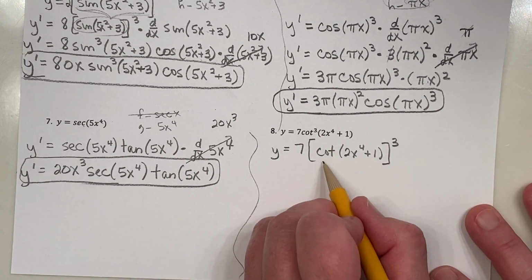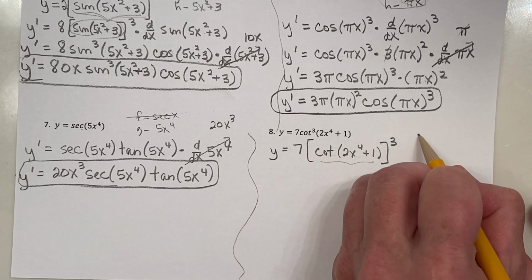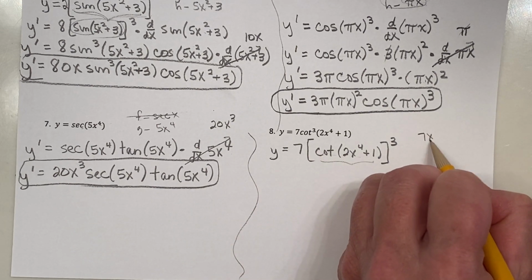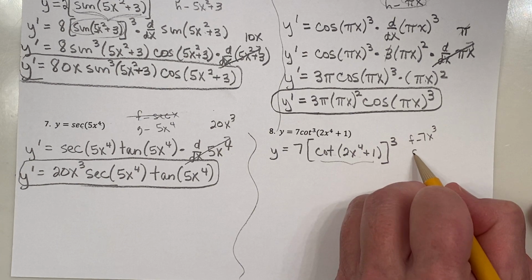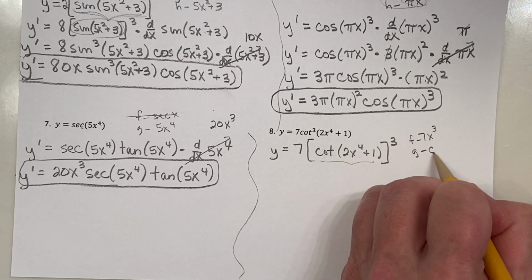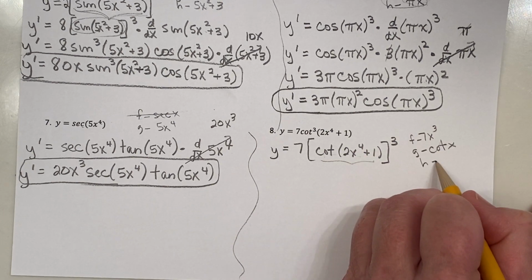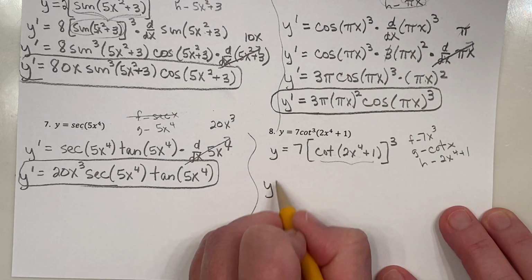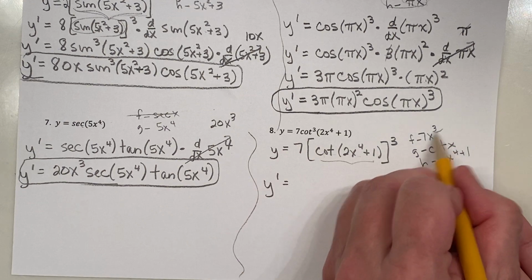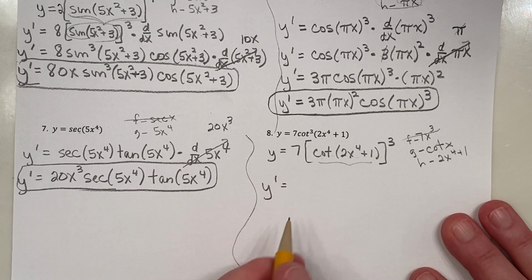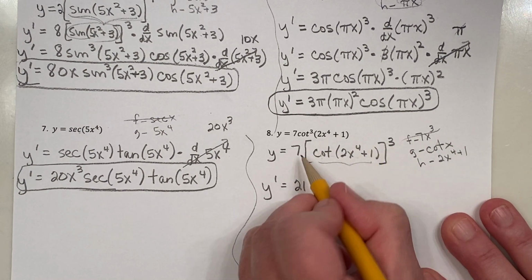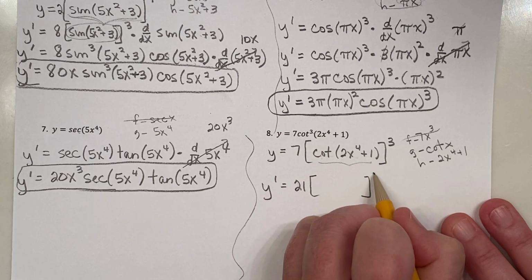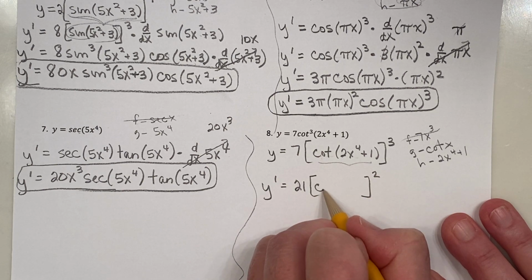All right, I would think of these two on the inside to be like my x, so 7x cubed would be my outside, then cotangent, and then that quartic right there. Okay. All right, 7x cubed would be 21, 3 times 7, x squared.